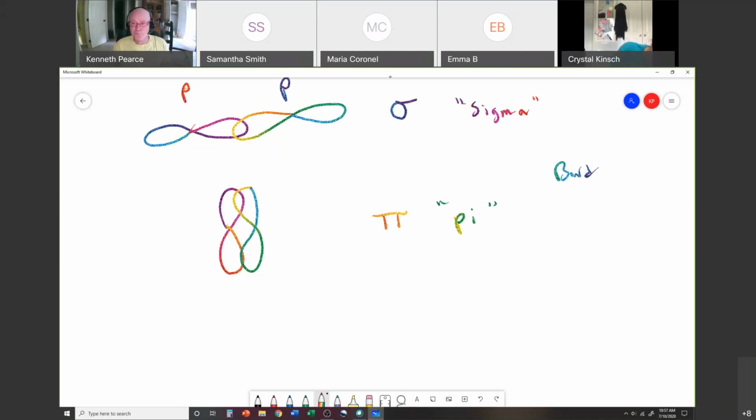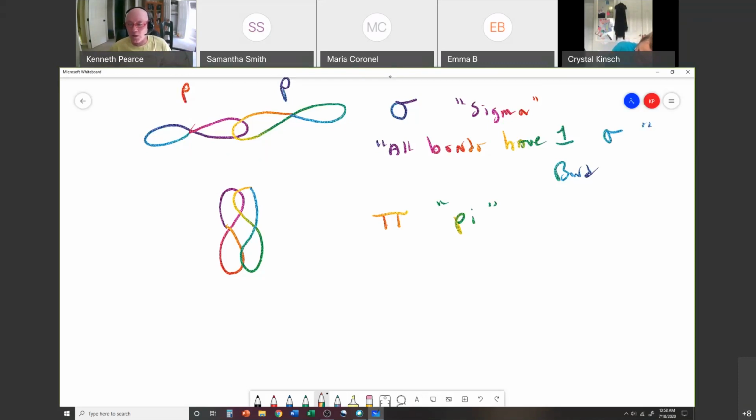Okay. Now, remember, the emphasis here right now is towards our organic friends. All right, organic molecules. And so if we have a sigma bond, we will say all bonds have one sigma.